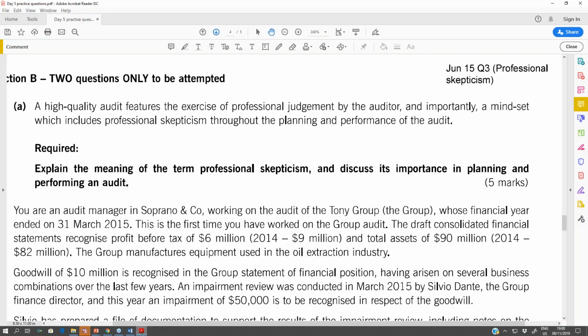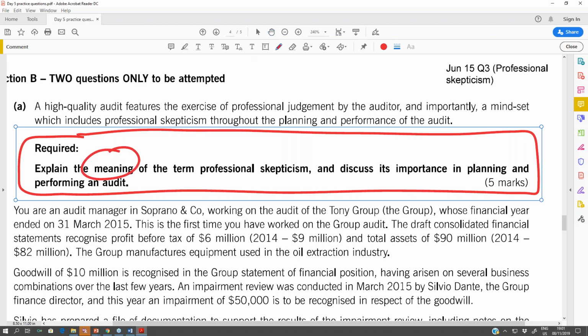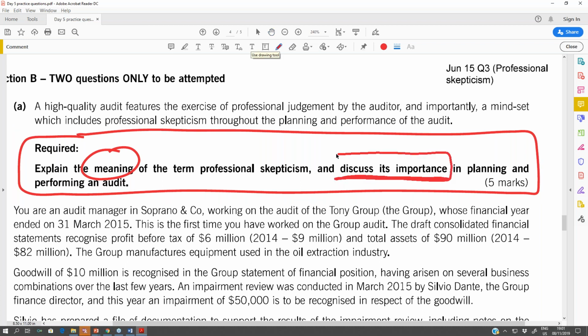Now, the very first thing this question is asking you is, explain the meaning of the term professional skepticism. That is where the article becomes very important. Not just the meaning of the term professional skepticism, but also discuss the importance in planning and performing the audit. The examiner wants you to discuss the importance of professional skepticism in planning and performing the audit. And the marks are 5. Now we know this is a knowledge question, so everything will be worth 2 marks.